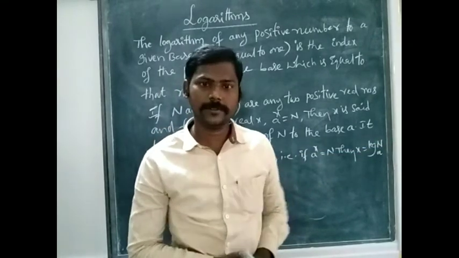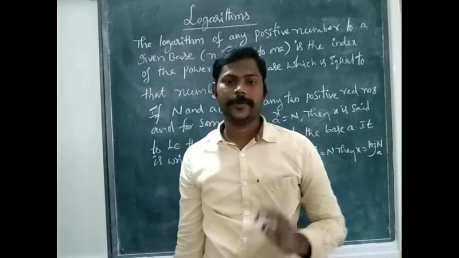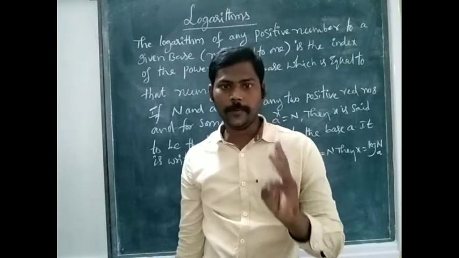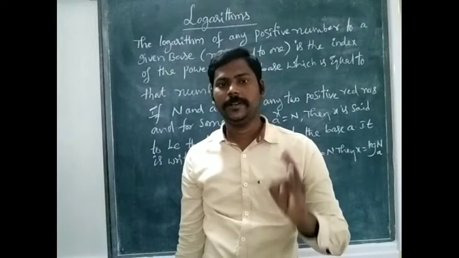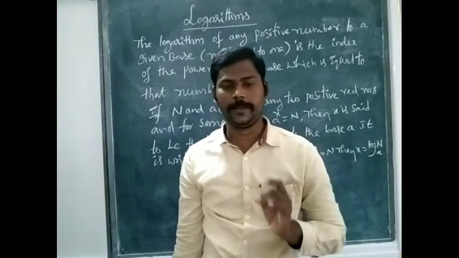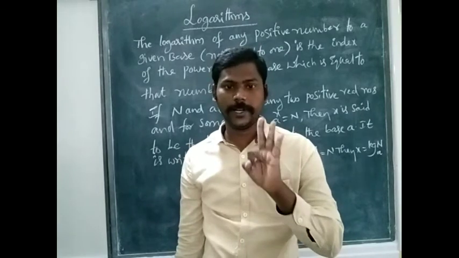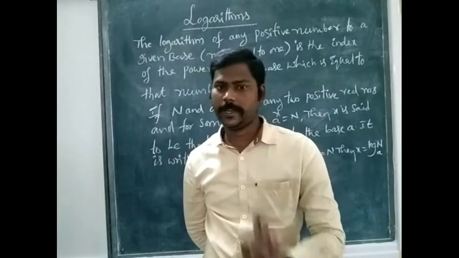Do you understand or not? Okay. In a simple way, you can consider n a positive real number, a a positive real number, and x any real number, maybe positive or negative. Three real numbers, understand? n, a, x.